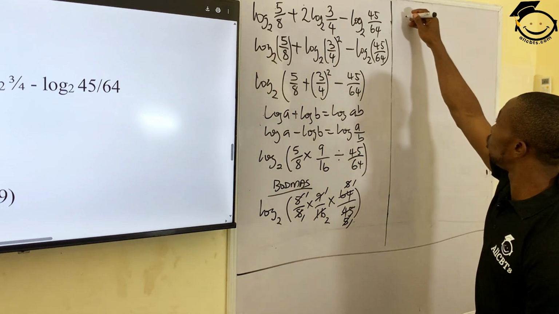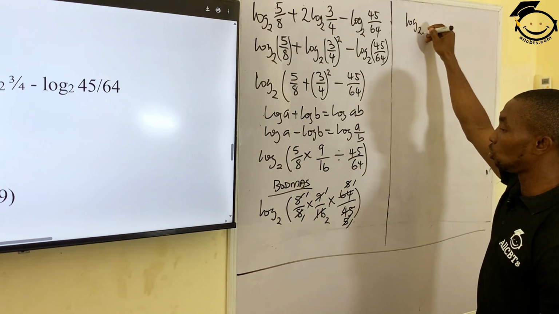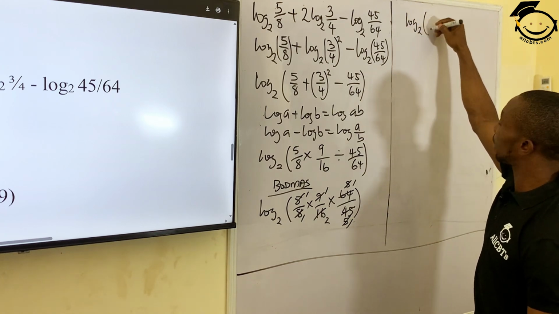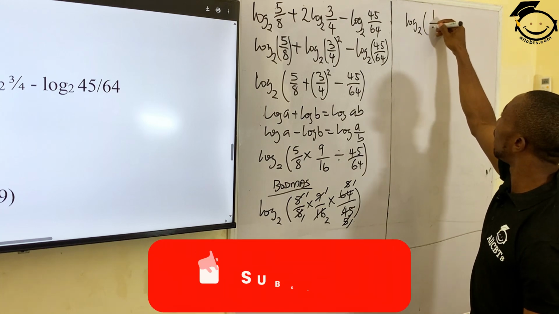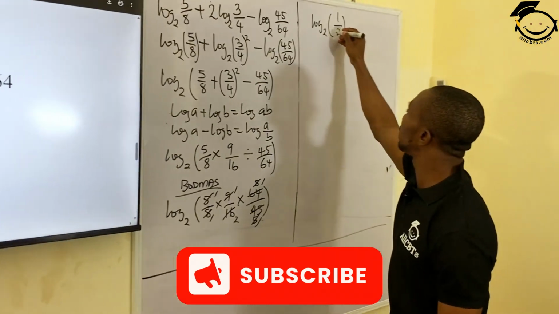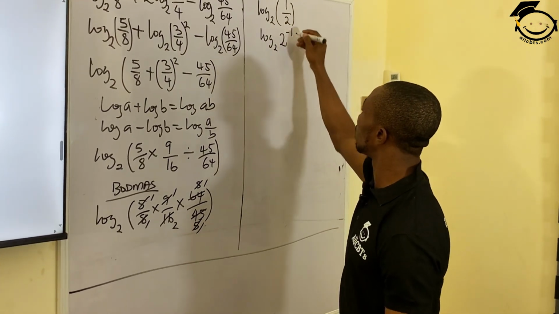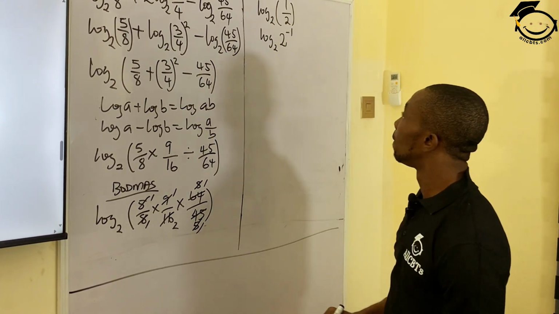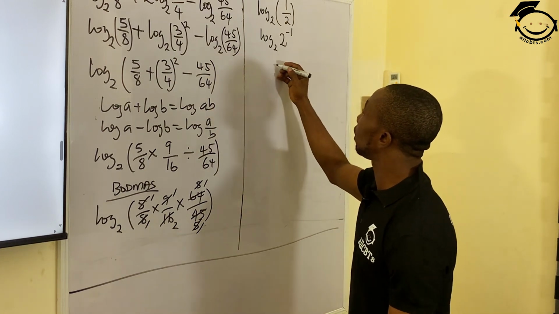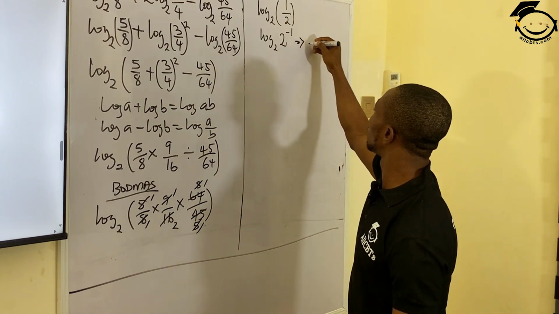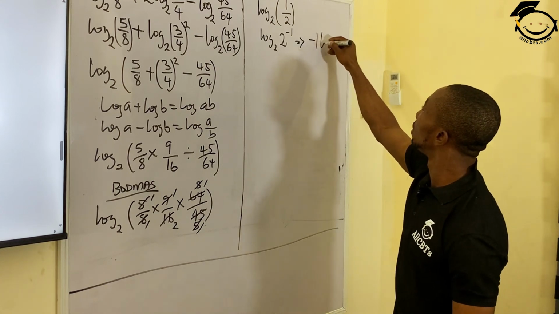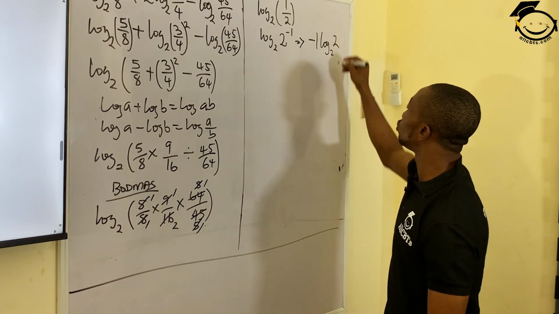So at the end of the day, we have log_2 of 1 over 2, which is the same as log_2 of 2 raised to the power minus 1. Now we can rewrite this to become minus 1 times log_2 2.